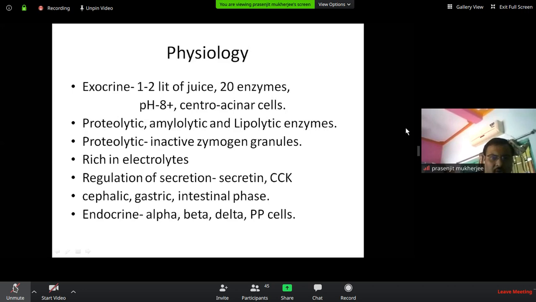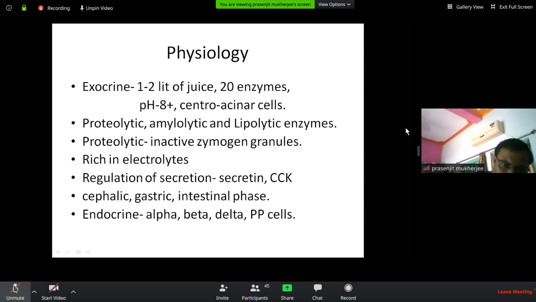Now come to physiology, exocrine function. We all know the pancreas has both very important exocrine and endocrine functions. The exocrine function is more important. It is very important for digestion, and it releases about 1 to 2 liters of juice, depending on whether the person is fasting or taking frequent meals.